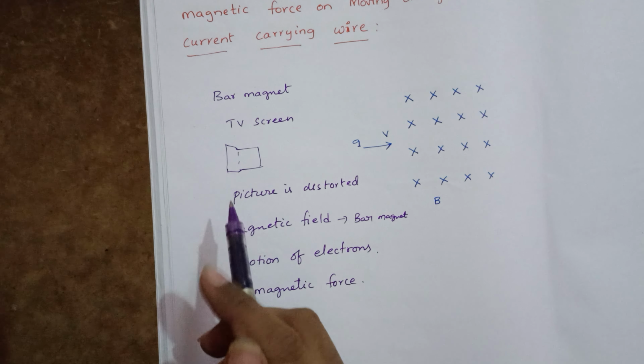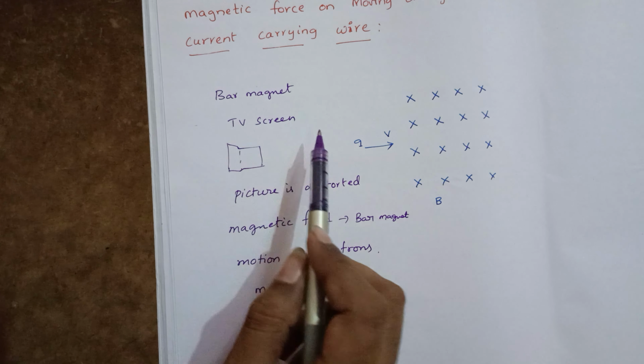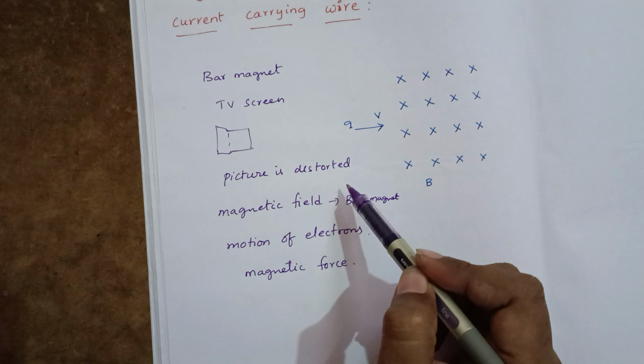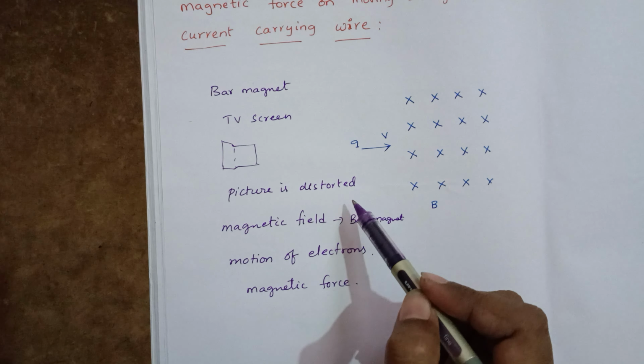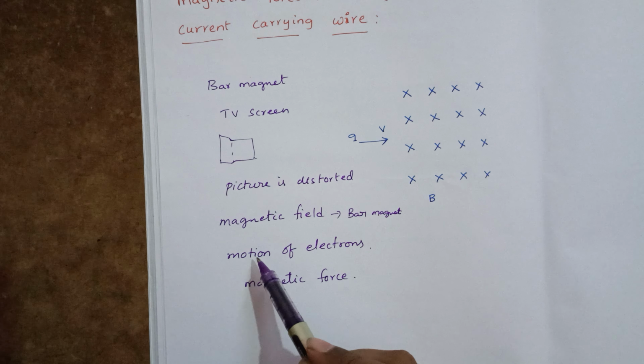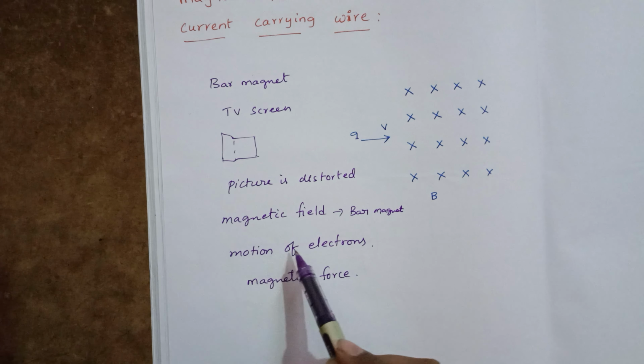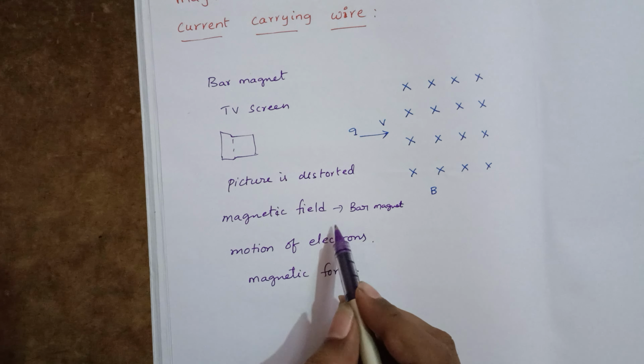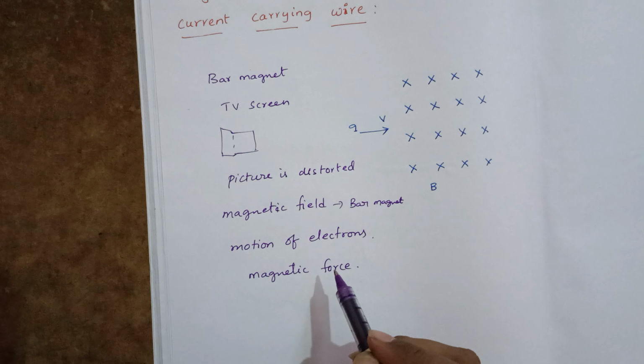Once again, if you place a bar magnet near the TV screen, the picture is distorted. That is because the motion of the electrons is affected by the magnetic field produced by the bar magnet.